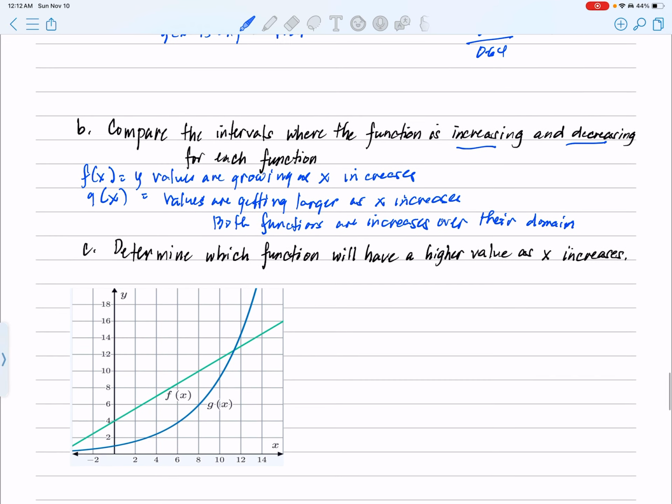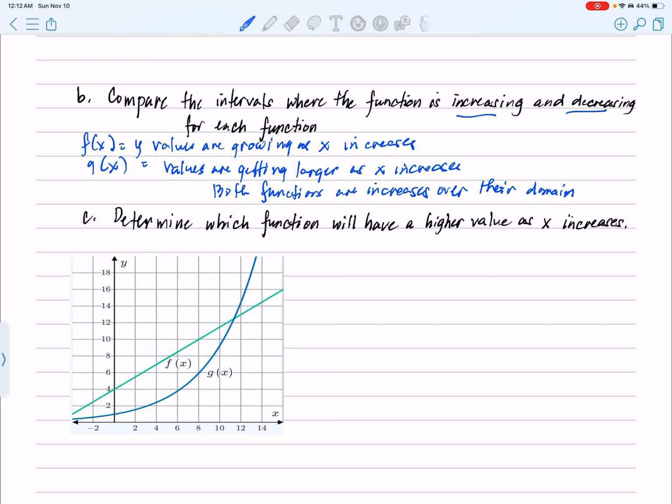Determine which function will have a higher value as x increases. We already know that f of x increases linearly. When you say f of x increases, it increases according to how linear it is. That is what we mean by linearly.